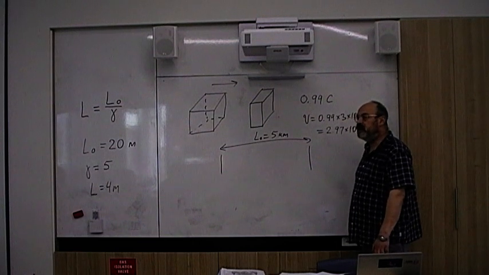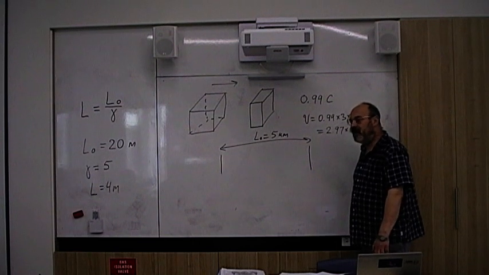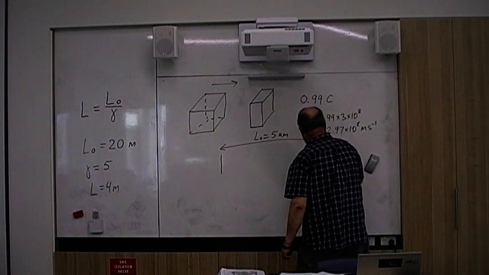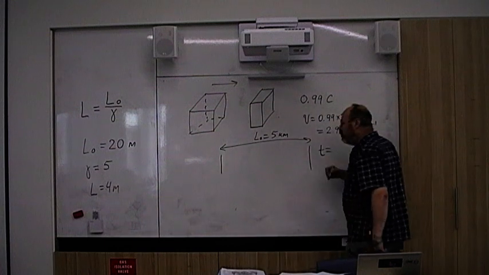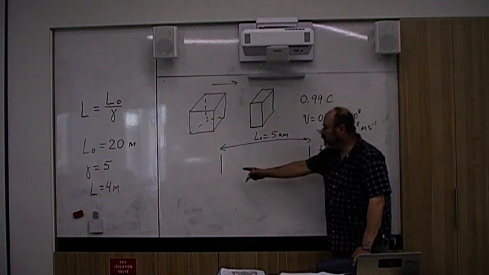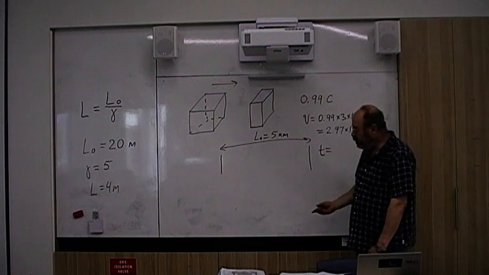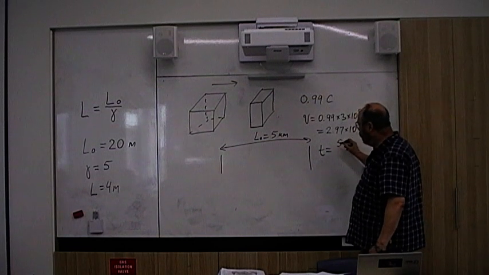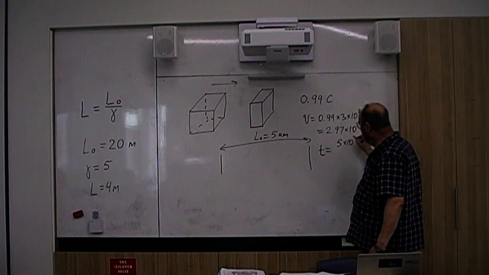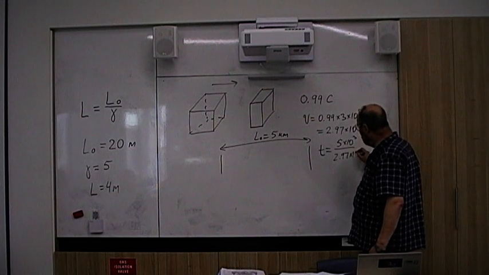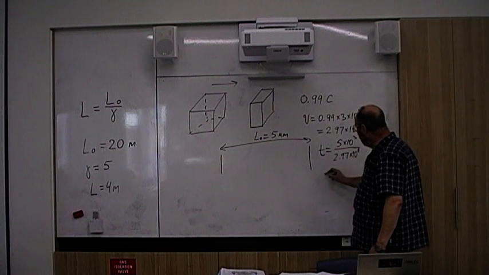How long will it take, from the point of view of the stationary scientist, for the particle to get through this? How do we find it? Distance over speed. We have 5 kilometers, 5 times 10 to the power of 3, divided by 2.97 times 10 to the power of 8.